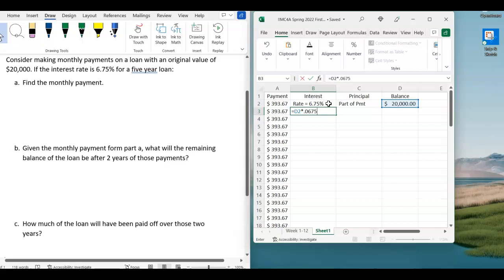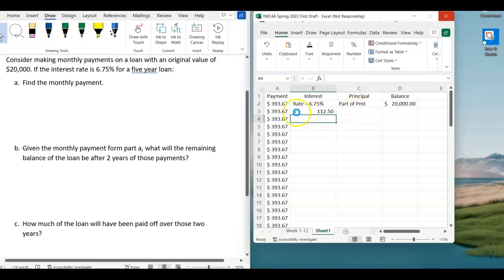And then we're only going to do this for the amount of time. Remember, interest is principal times rate times time. Time is 1/12 of the year, so we can multiply by a 12th, or you can just divide by 12. That gives you the interest amount on this balance based on the 6.75%. So it's $112.50.